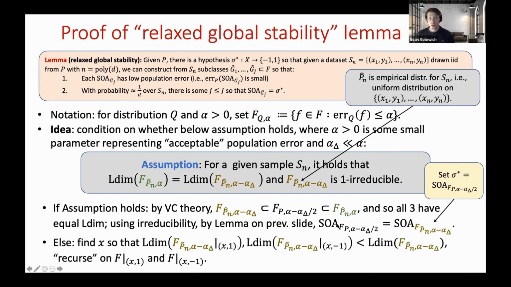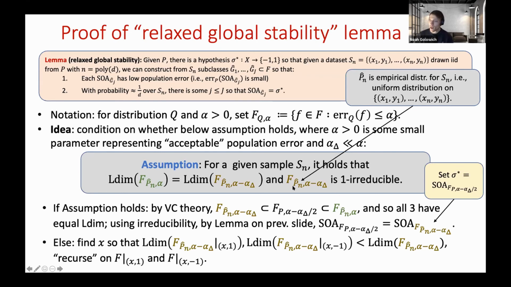Of course, the challenge comes in if this assumption doesn't hold. But there's actually one thing that really makes it possible for us to deal with this case. And I'm going to focus on the case when the assumption doesn't hold due to irreducibility failing. The case when it doesn't hold due to the Littlestone dimensions being unequal is actually even a little bit easier.